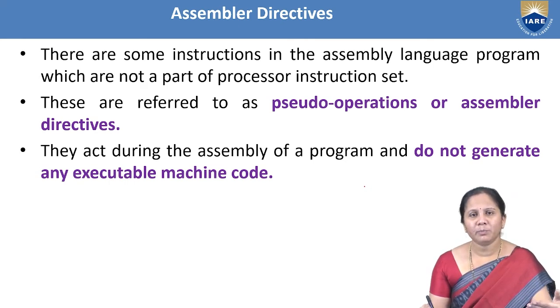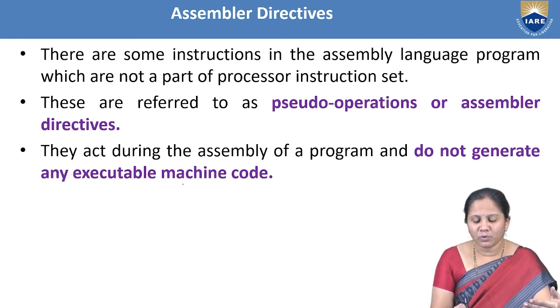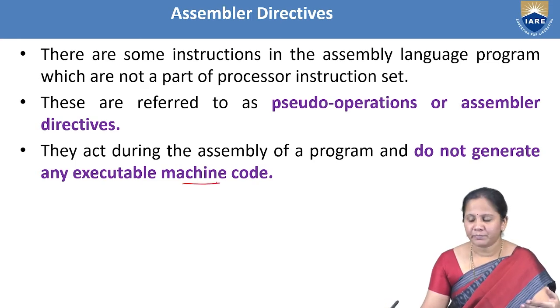While writing the program, it goes to the microprocessor, and the microprocessor executes the instructions. When the instructions are executed, the instructions from the 8086 instruction set will generate machine code, whereas for the special instructions that come under assembler directives, machine code will not be developed.